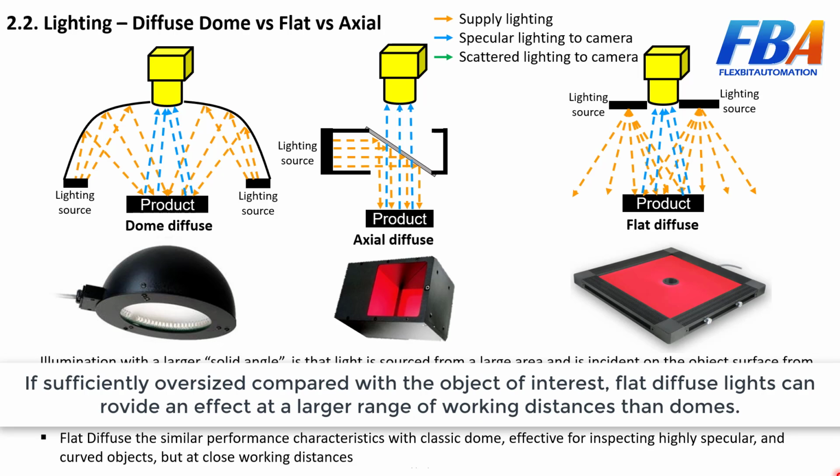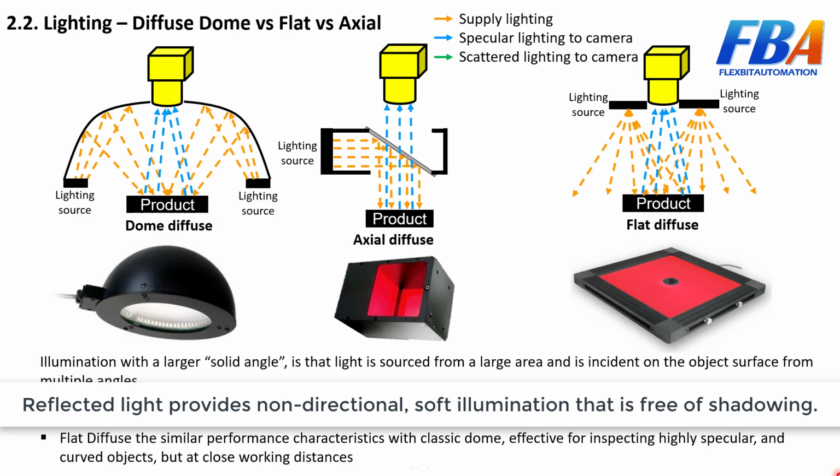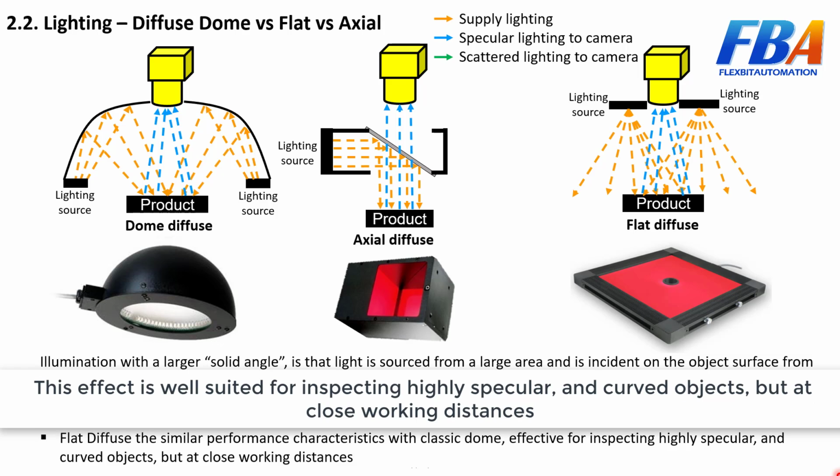Flat diffuse light can provide an effect at a larger range of working distance than dome. Reflected light provides non-directional, soft illumination that is free of shadowing. This effect is well suited for inspecting highly specular and curved objects, but at close working distance.